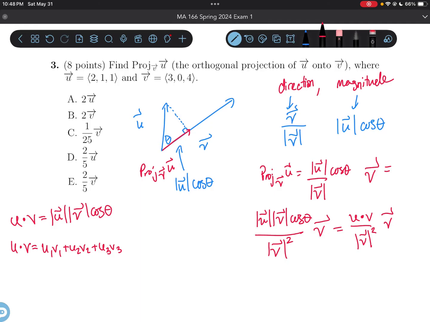So in this case, u dot v equals 2 times 3 plus 1 times 0 plus 4 times 1, and that is equal to 10.